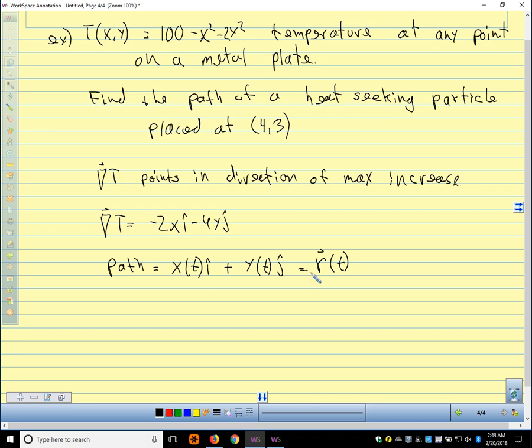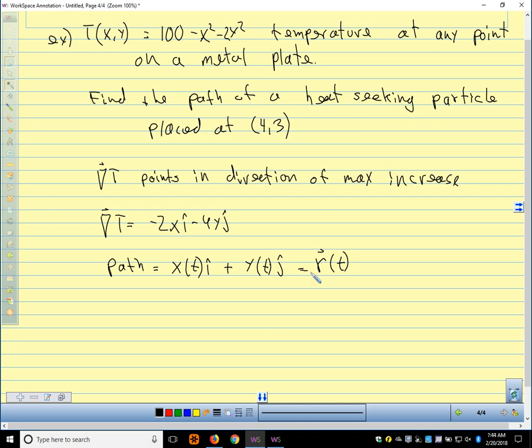We place the particle on the plate, and in time it moves along this path. Well, if that's our path, what is another vector that points in the direction that we're moving? For a vector valued function, the tangent, a tangent vector.